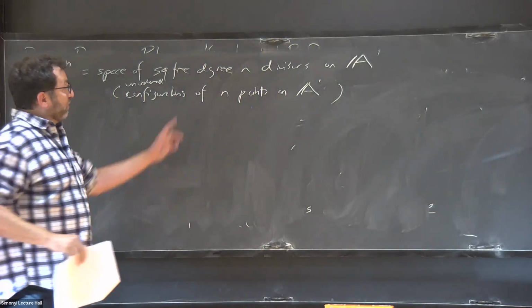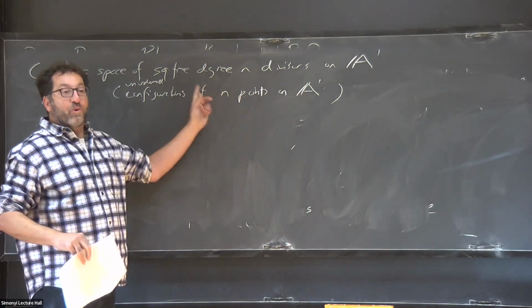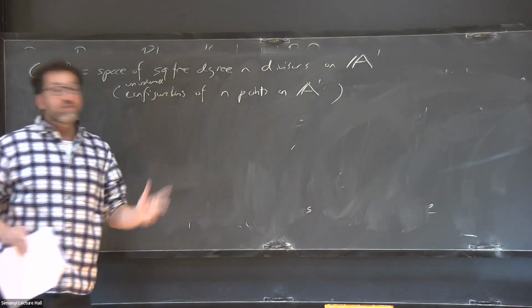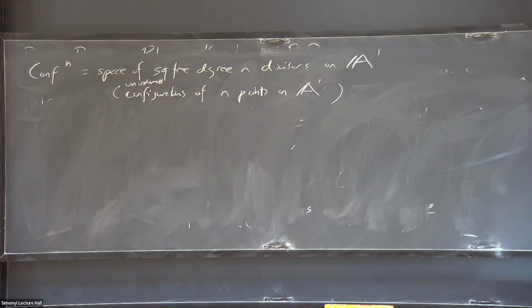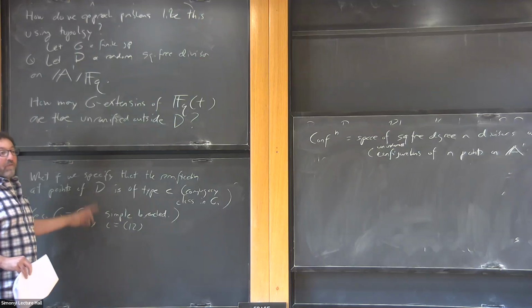So you can either think of the square-free polynomial, or you could think of its n roots, which are endpoints that don't come in any particular order. So that's a very natural moduli space that parameterizes square-free divisors. And for each such D, you have some finite set of G extensions, which are ramified at those endpoints.